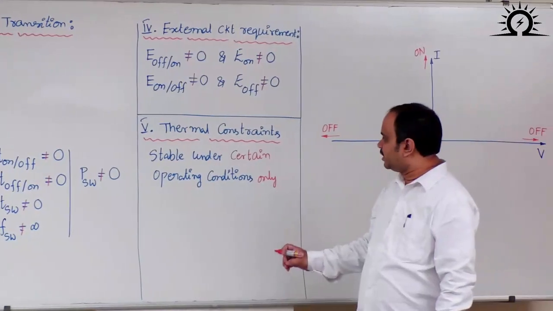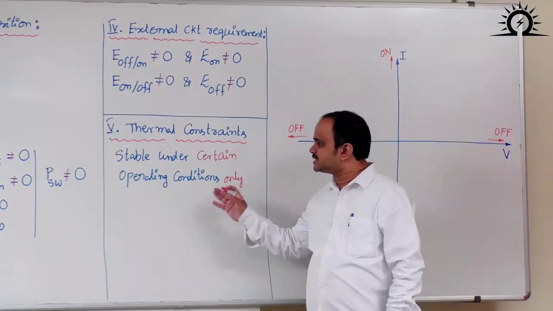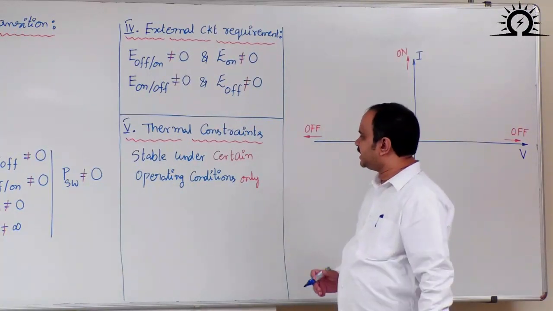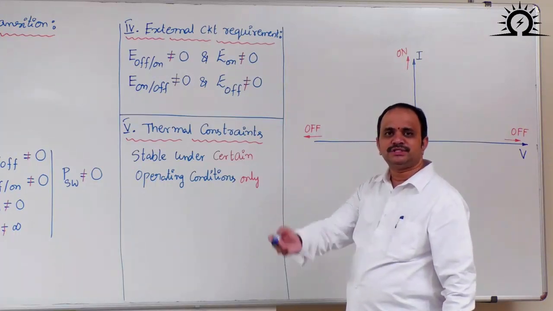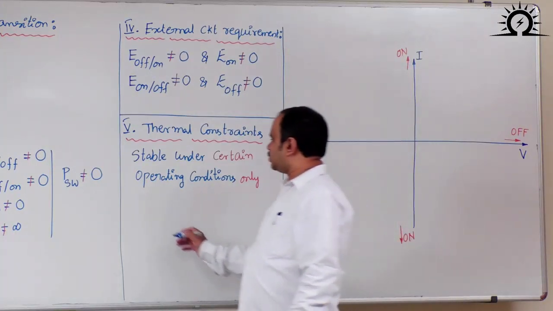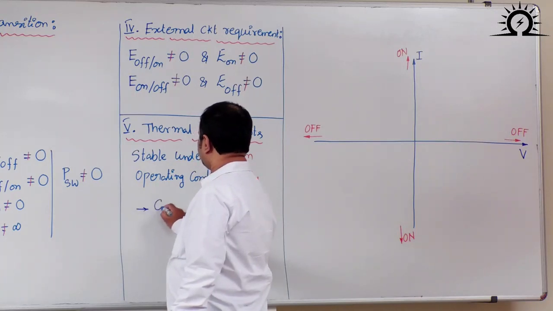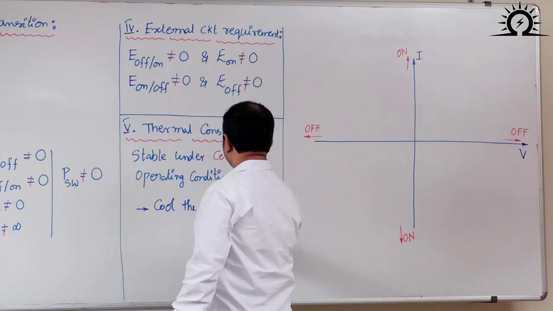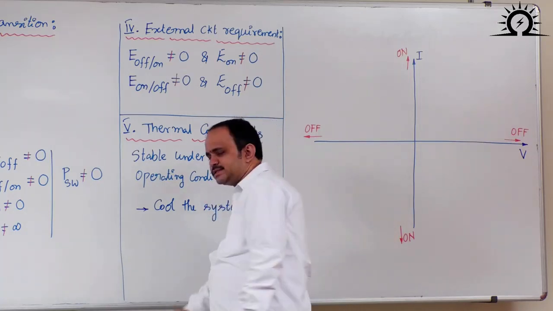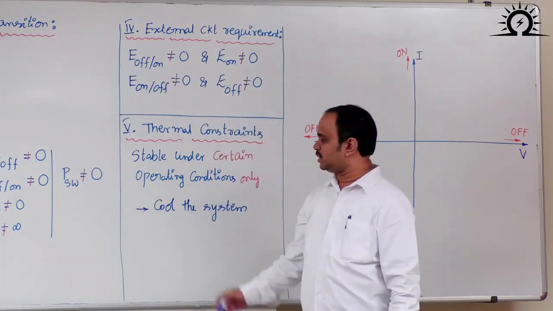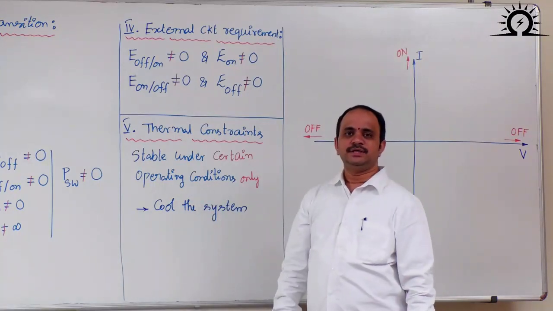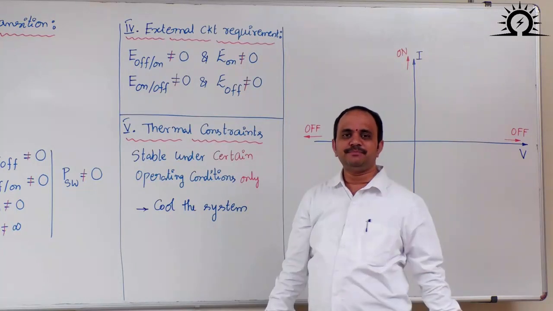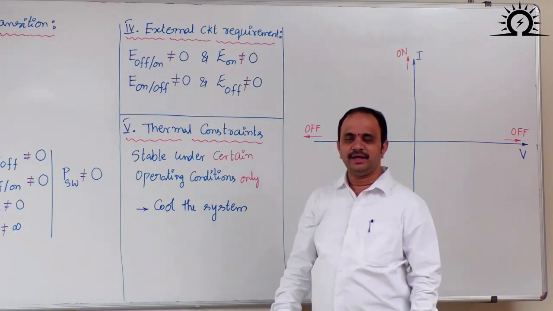Whenever the switch is getting some amount of losses, heat will be continuously delivered out. So there is a need to cool the system. In other words, there is a need to control that heat. So proper heat management, proper temperature management is required.